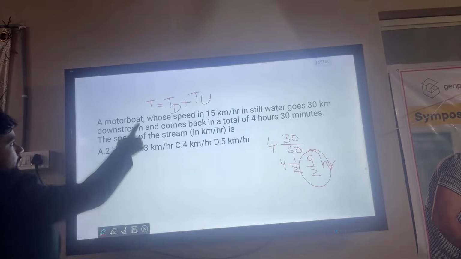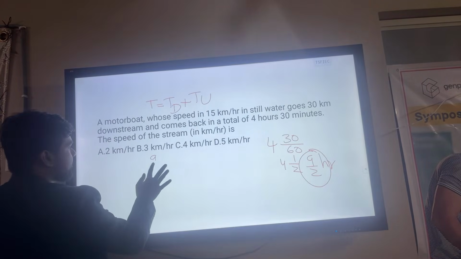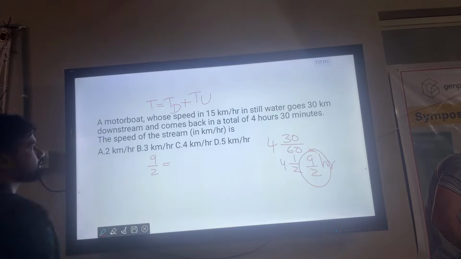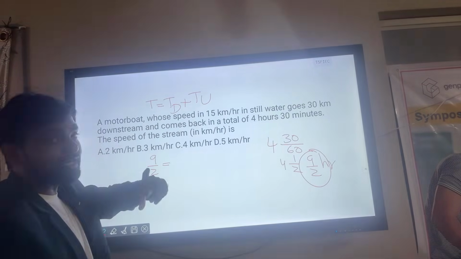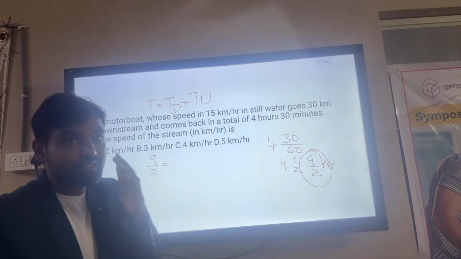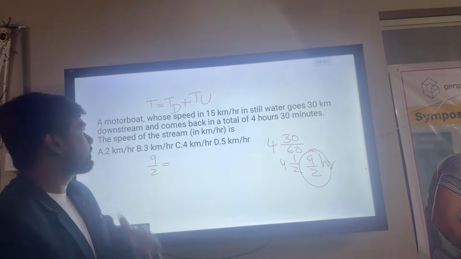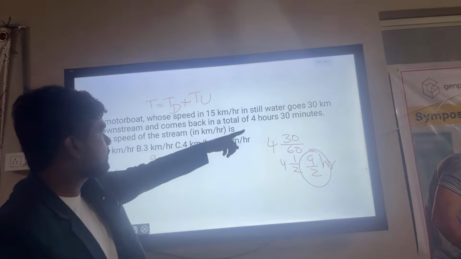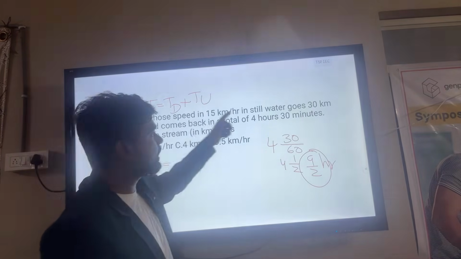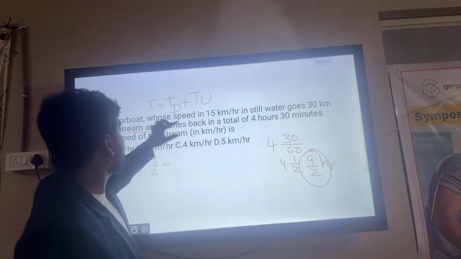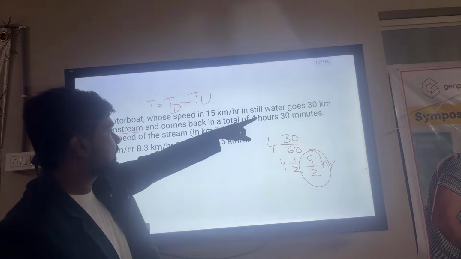First, total time is 9 by 2 hours. Downstream time, what is the formula? Distance by speed. Okay, first downstream. He is first going 30 km.